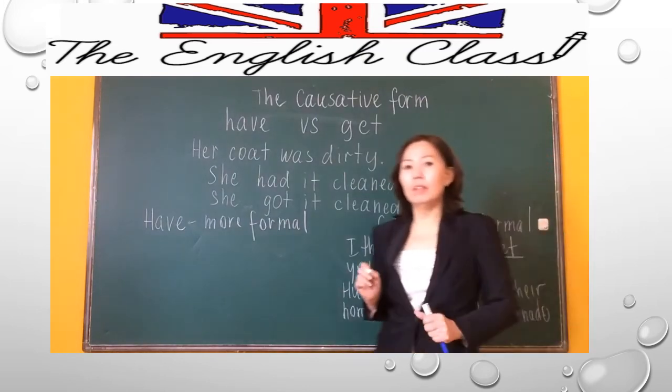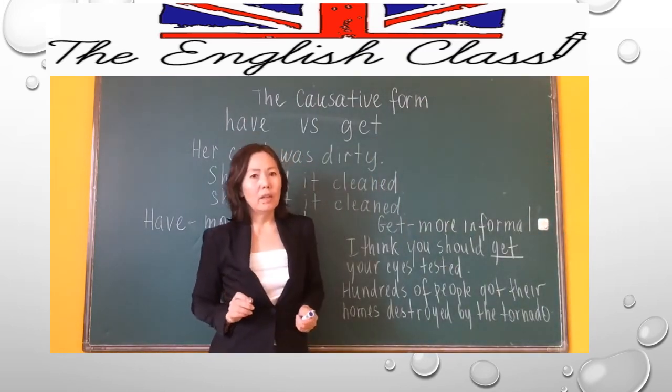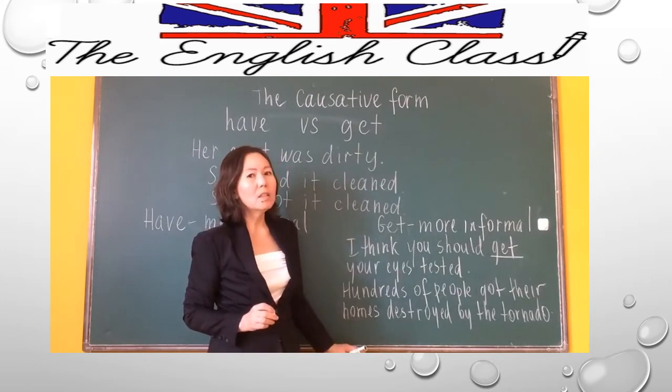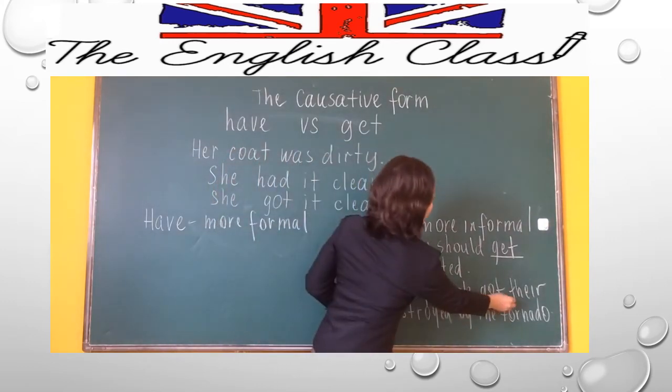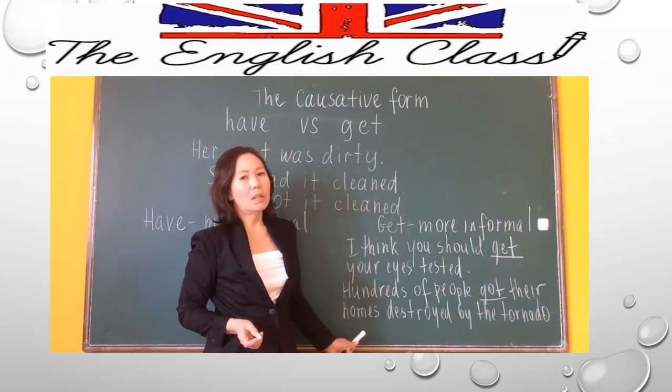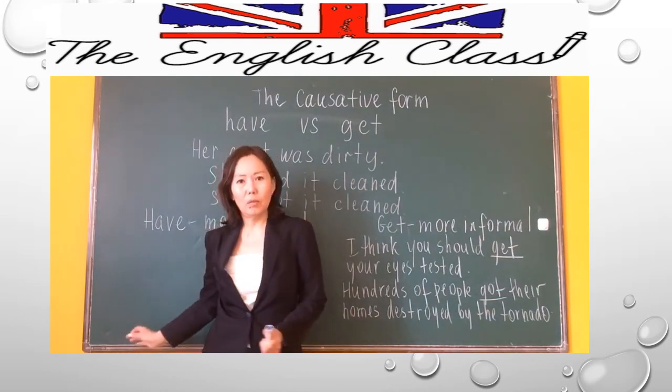Here we have an unwanted situation, that's why it's better to use the verb get. And in this sentence we have got, past simple of get, so it's better to use get instead of have.